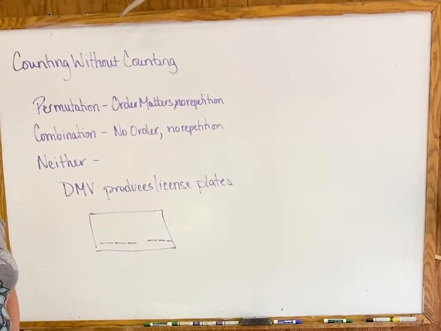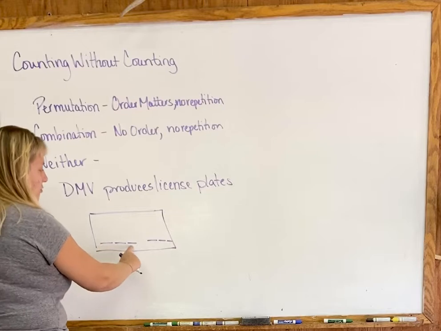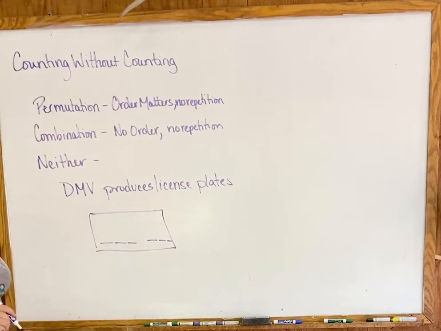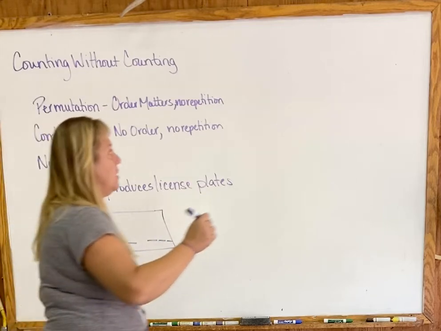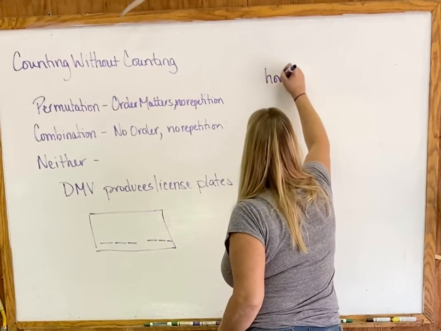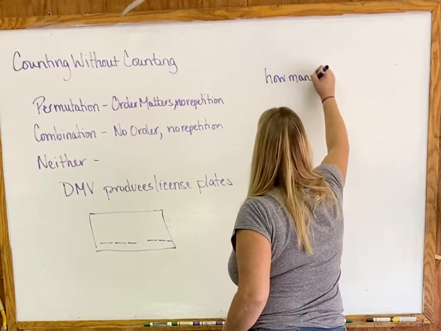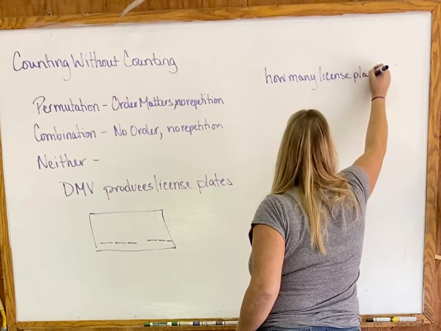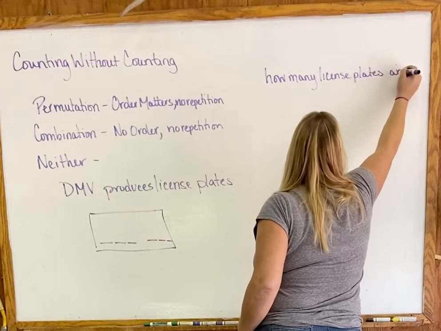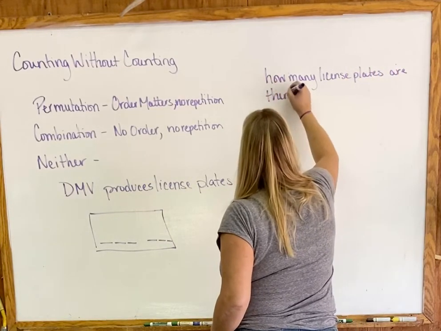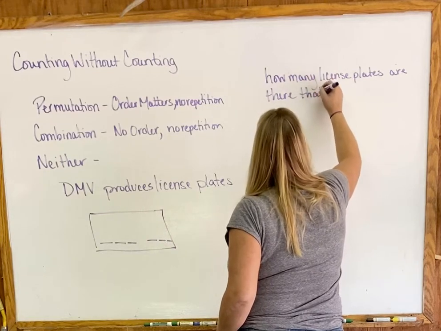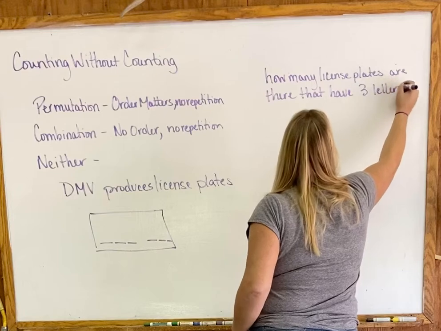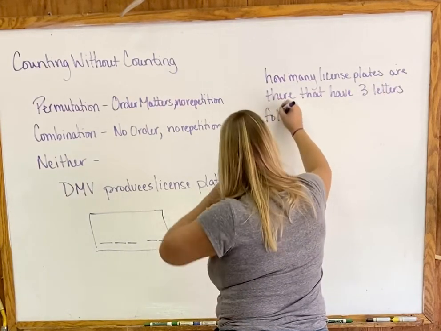Now, depending on what state you're looking at, it's either going to be 3 numbers followed by 3 letters, or flip it around, 3 letters followed by 3 numbers. Okay, so we want to know how many license plates are there that have 3 letters followed by 3 numbers.